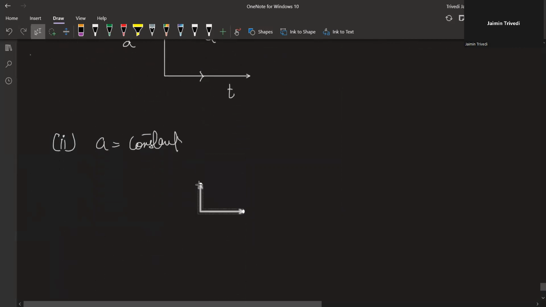So it will be like this, this is your constant acceleration.